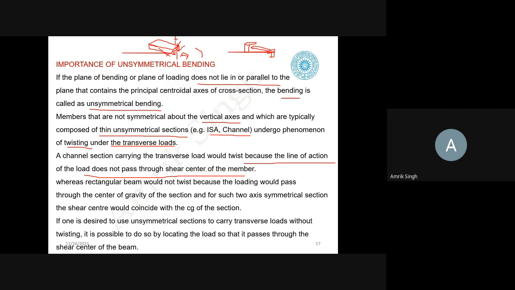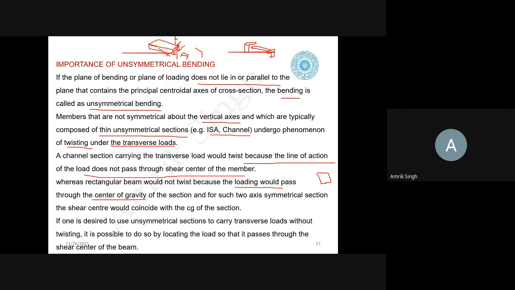So this shear center we will also discuss in the coming lecture. Whereas the rectangular beam would not twist because the loading would pass through the center of gravity. As I told, the rectangular section is a symmetrical section. So there the load is passing through.